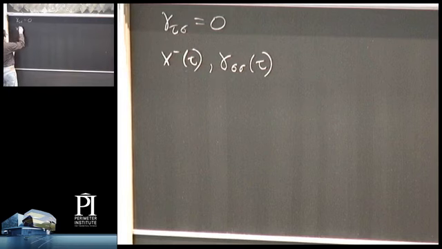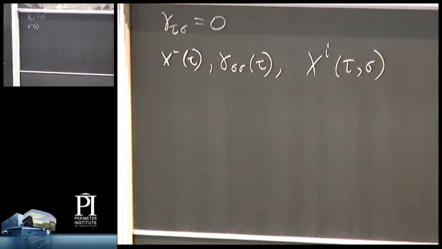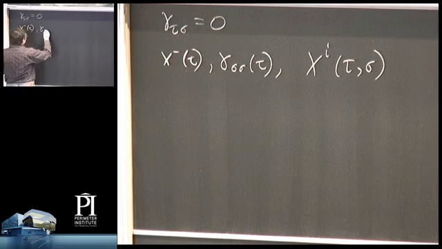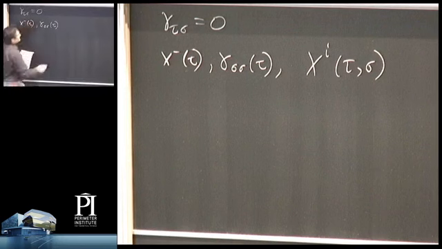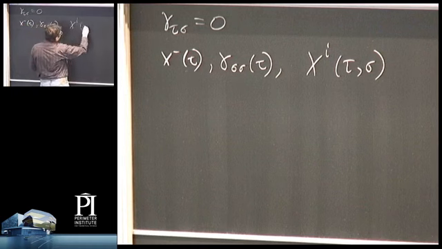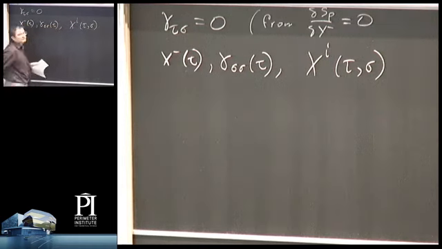So first of all, I will find out that my action depends on the following fields. I have x minus as a function of tau. I have gamma sigma sigma as a function of tau. Right? We haven't done anything with gamma sigma sigma. And then there are transverse coordinates. Again, I have done nothing there.